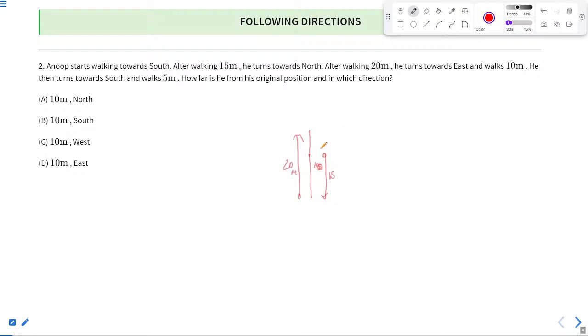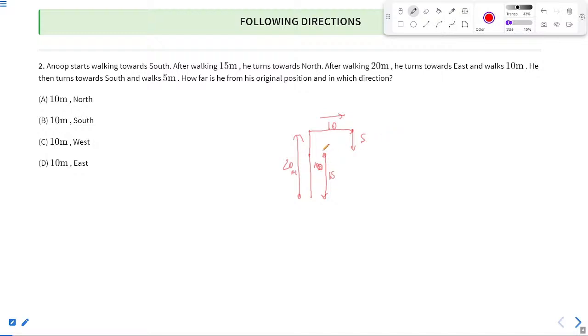And after 20 meters, he turns east and walks 10, then walks south 5. How far is he from his starting point and in which direction?